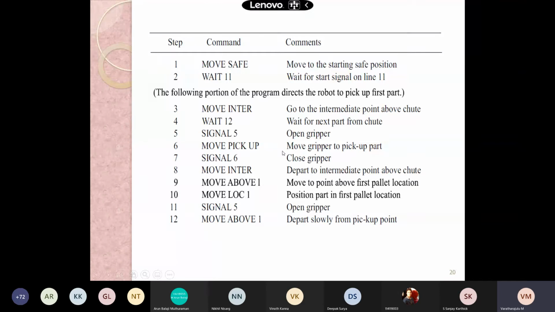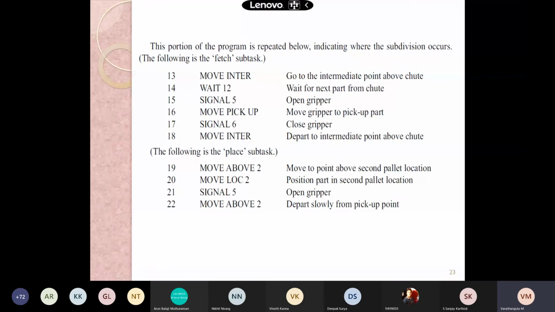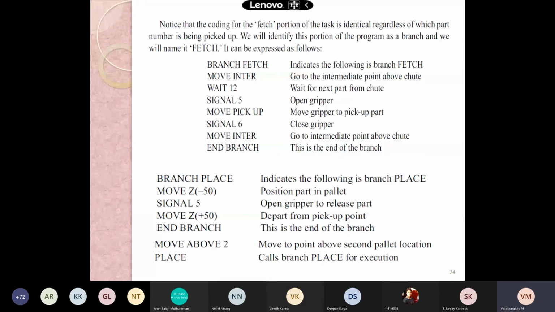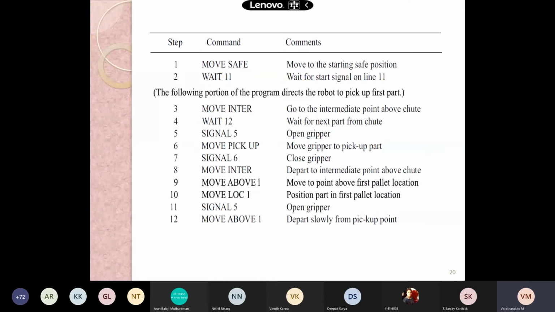These are some commands we are going to read in the subsequent classes or later sessions. Please make a note of these three commands: wait 1 1, signal 5, and signal 6. Wait 1 1 would be wait for start signals on line 1 1, signal 5 would be open gripper, and signal 6 would be close gripper.